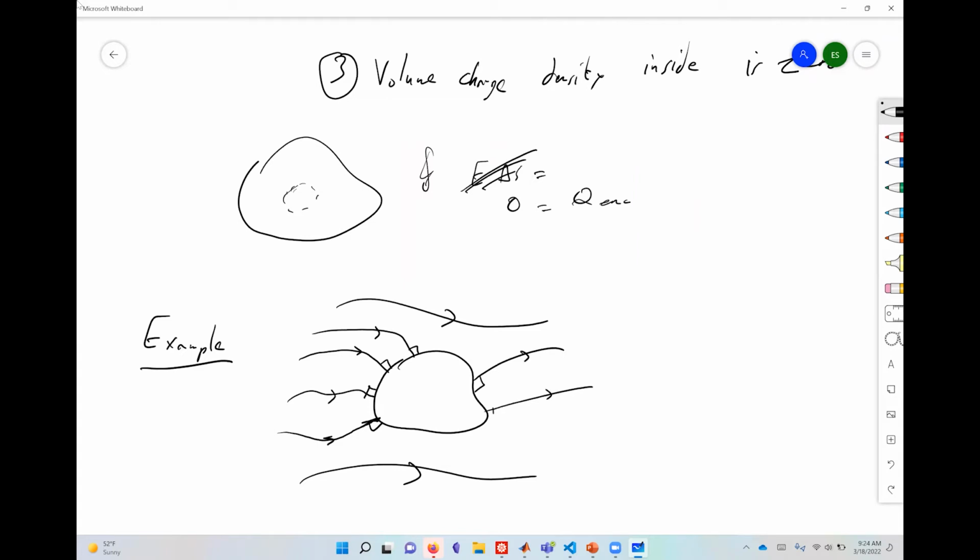So if you want to draw or write a program to draw field lines coming into and out of the conductor, they will always look something like this.